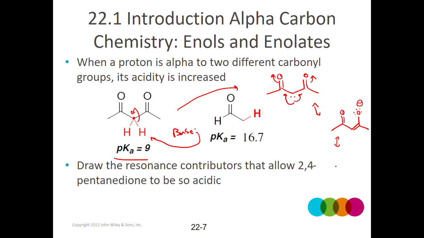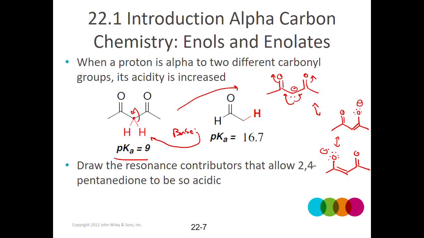I mean, technically they're not swinging around anywhere. What you get is the average, or resonance hybrid, but the resonance hybrid is going to be a lot more stable if the negative is spread out between the carbon and primarily two different oxygens.